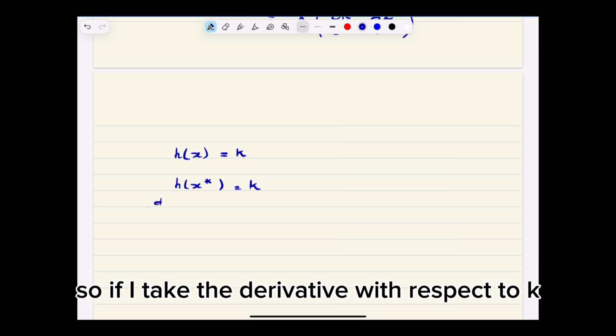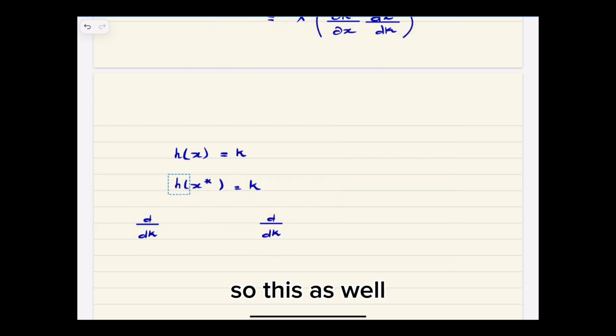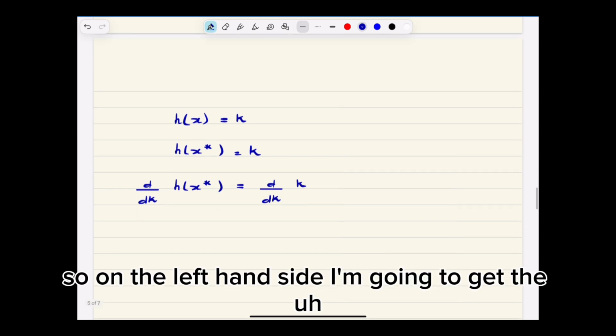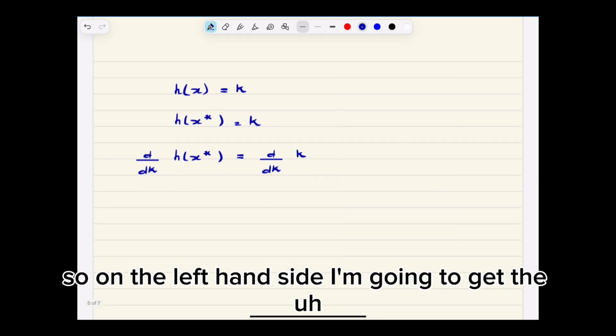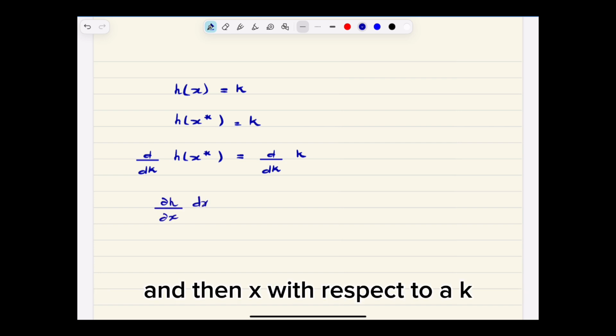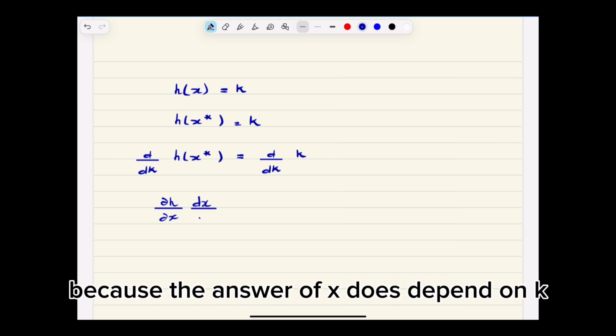If I take the derivative with respect to k on both sides of this equation, on the left hand side I get the partial derivative of h with respect to x, times x with respect to k, because the answer of x does depend on k.